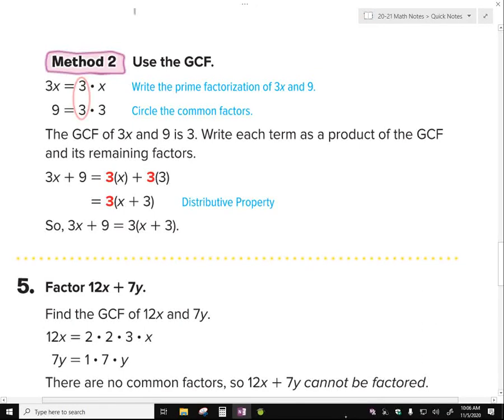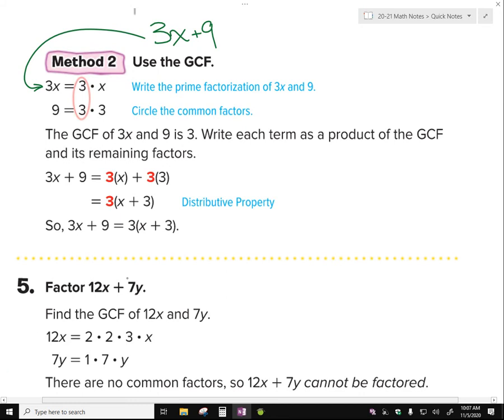So we have the expression 3x plus 9, and we're trying to find the greatest common factor of those monomials. So they're going to take each monomial and factor it out. 3x became 3 times x. 9 became 3 times 3. The greatest common factor of those two monomials is 3.